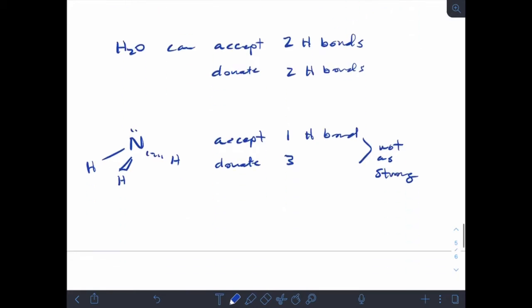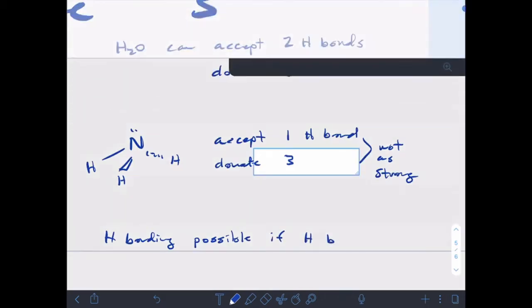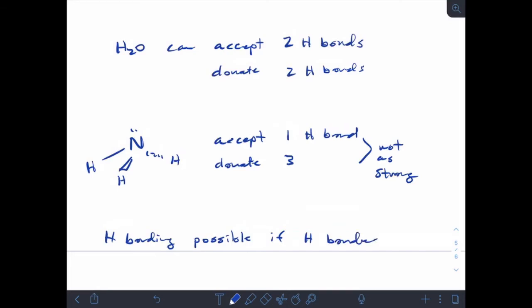So remember, hydrogen bonding is only possible if hydrogen is bonded to oxygen, nitrogen, or fluorine. Only in those scenarios.